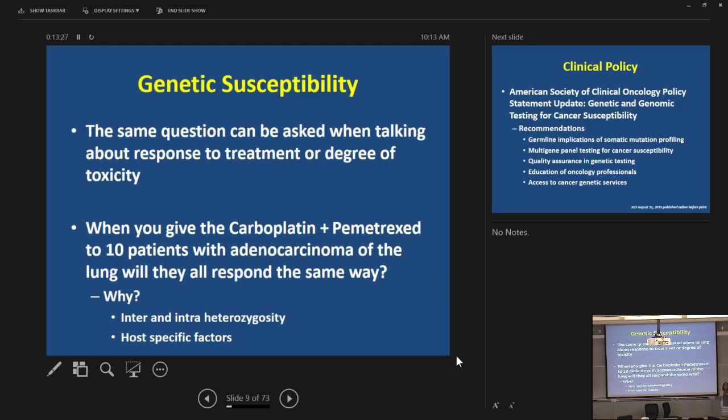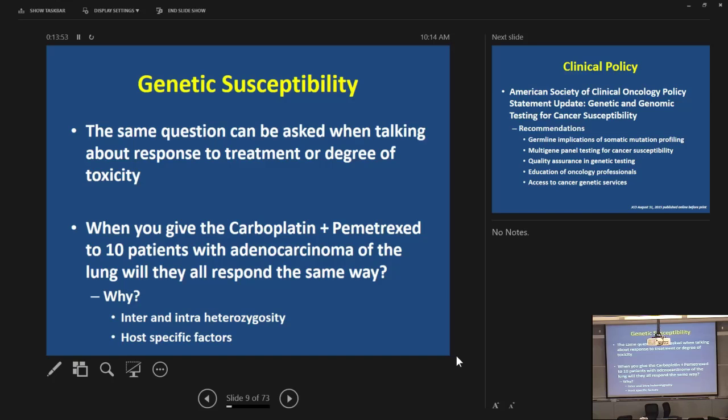So the question is, if we have two twins, or quadruplets or septuplets or whatever you want to do, so they're identical, could we expect that they would respond the same? Maybe, but we also have these host-specific factors, right? Host-specific factors can be environmental. Were they both exposed to the same thing all their life?